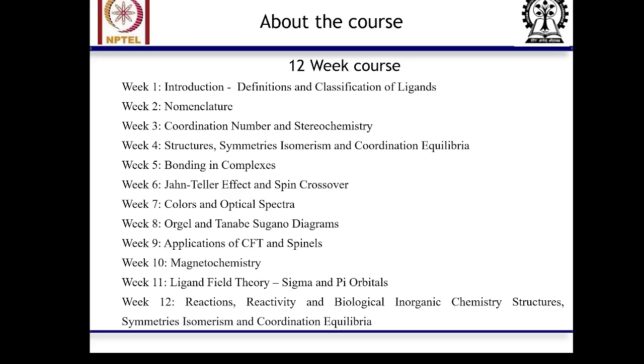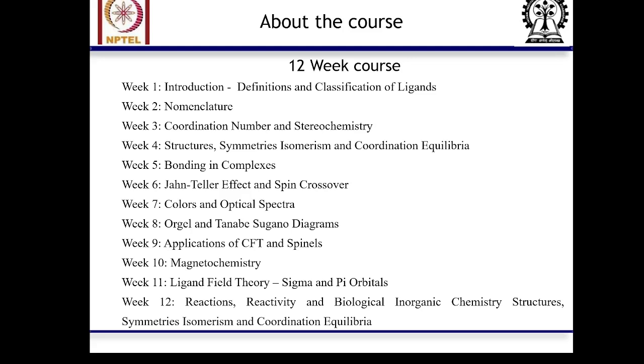In week six, we discussed a special kind of effect in coordination complexes, which is Jahn-Teller distortion. We discussed the Jahn-Teller theorem and distortion, and spin crossover, how low spin and high spin equilibria happen, which dn configurations show the spin crossover phenomenon, and the nature of the ligand and the metal.